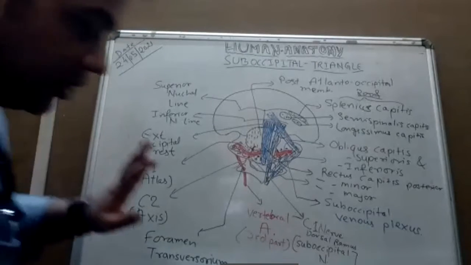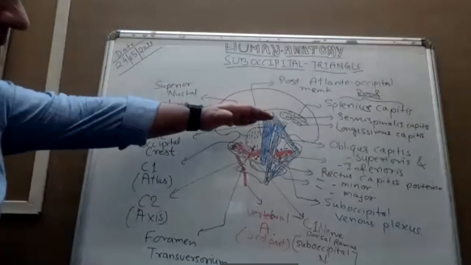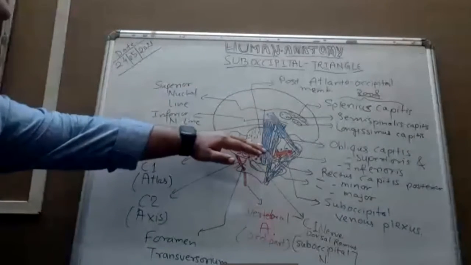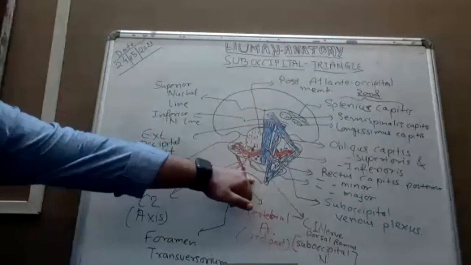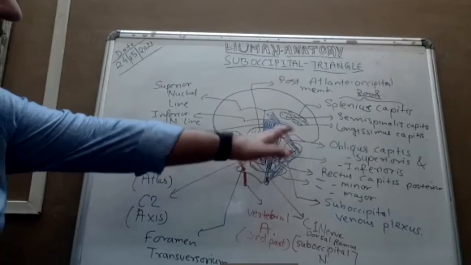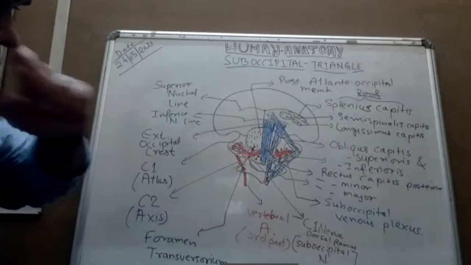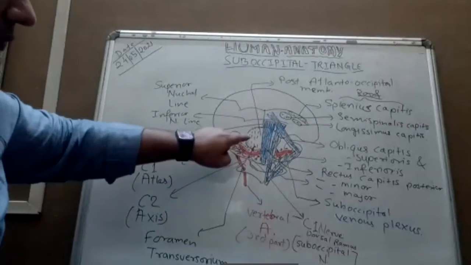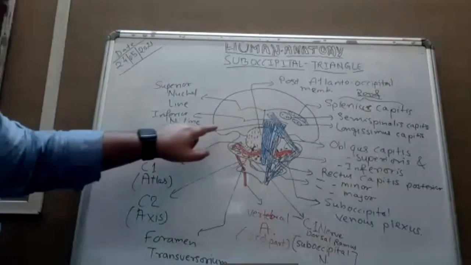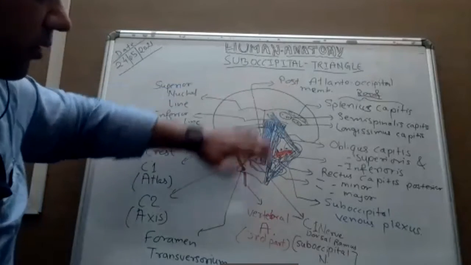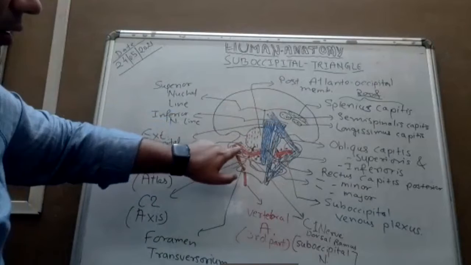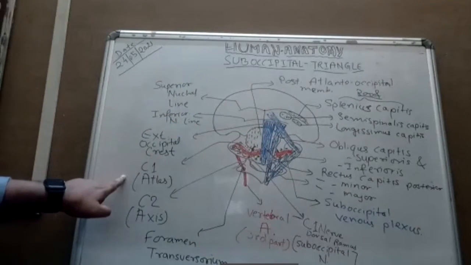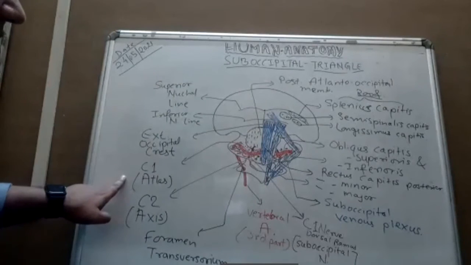So suboccipital triangle is present between squamous part of the occipital bone posteriorly and first cervical vertebra atlas. Okay. And some role of the second cervical vertebra is for the attachment of the muscles of the triangle. Understood? So what are the boundaries? First we see the floor. The floor is formed by the posterior atlanto-occipital membrane, okay, and posterior arch of the atlas, first cervical vertebra.